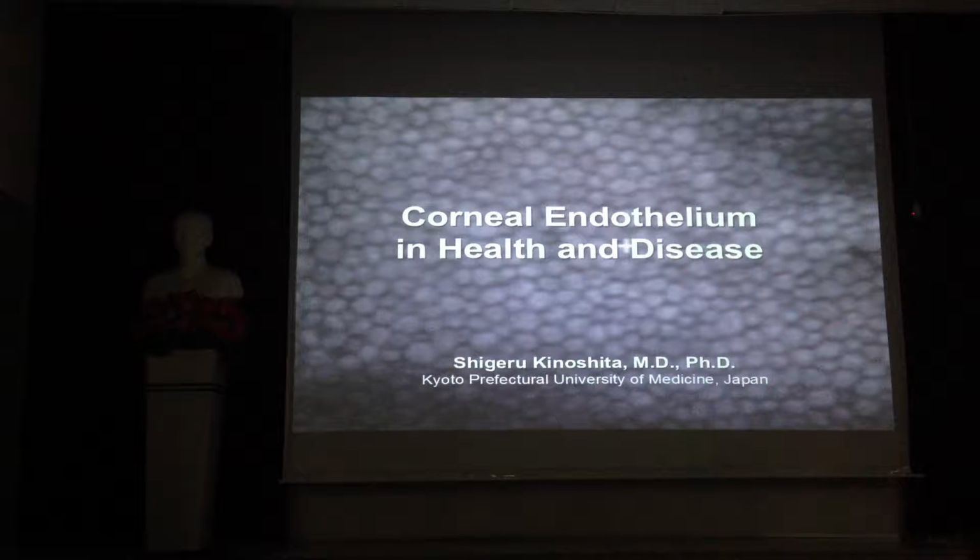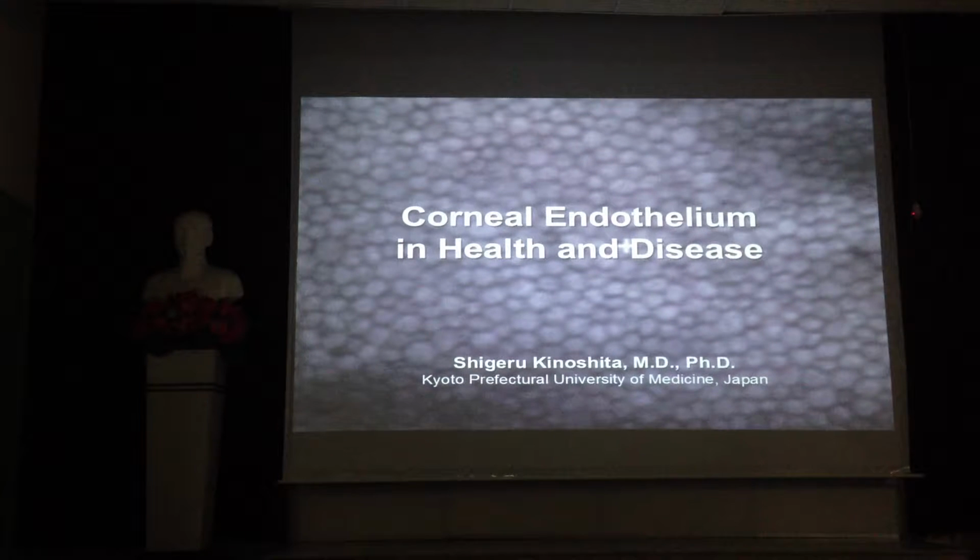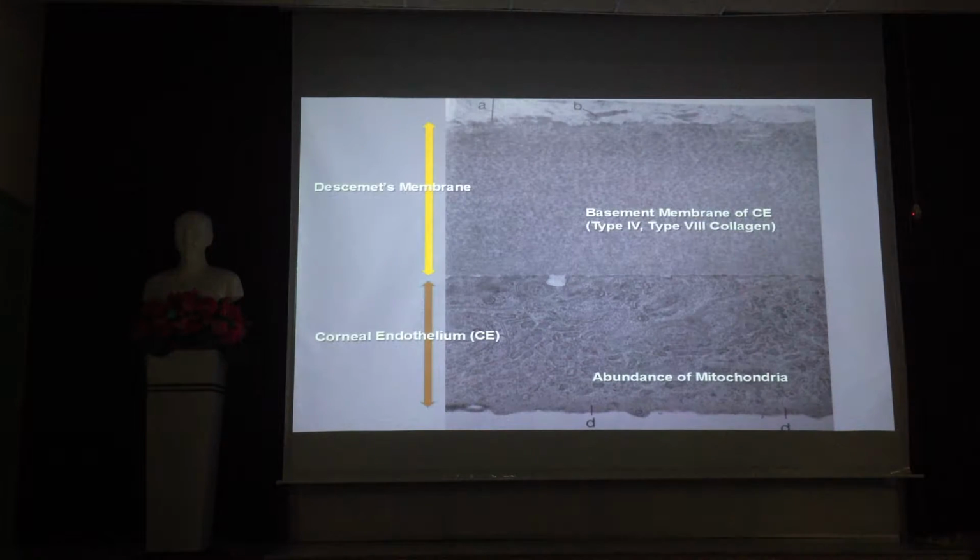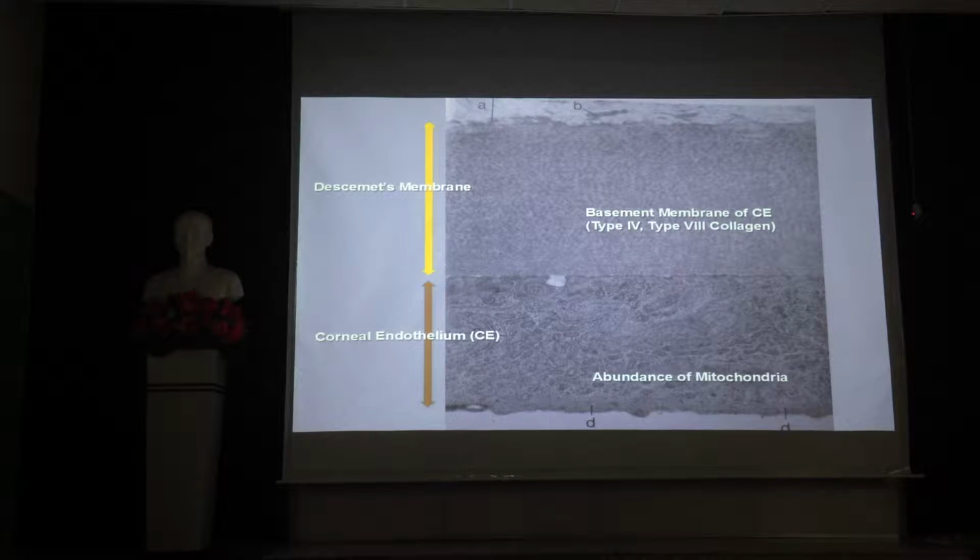Well, I think I will talk a bit about corneal endothelial cells in Fuchs' disease. As you already know, the corneal endothelial cell has a thick basement membrane called Descemet's membrane that is composed of type 4 and type 8 collagen.